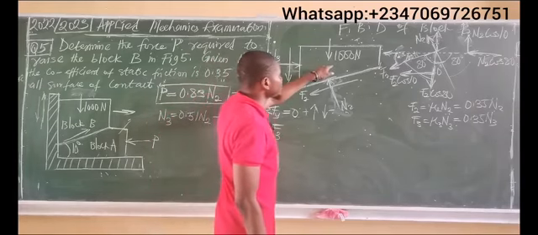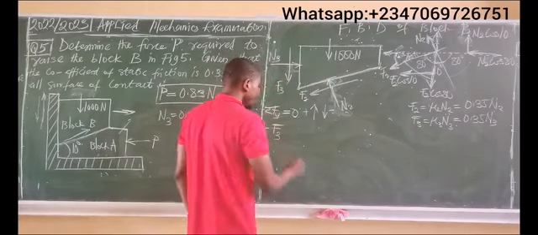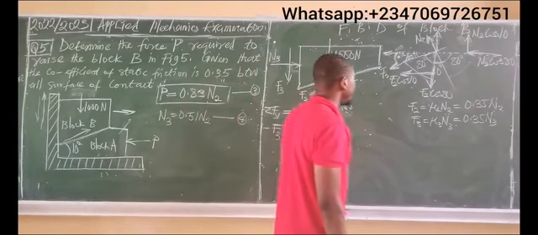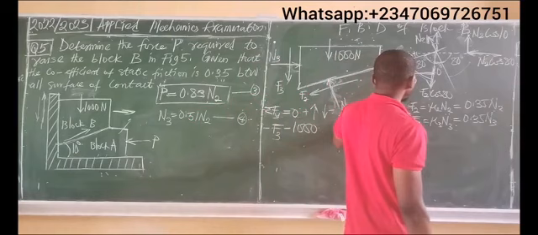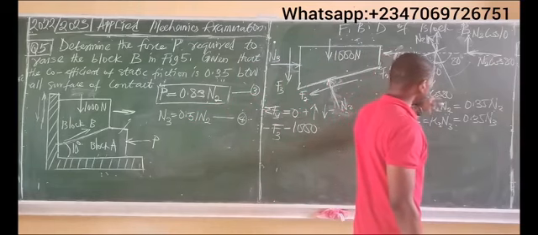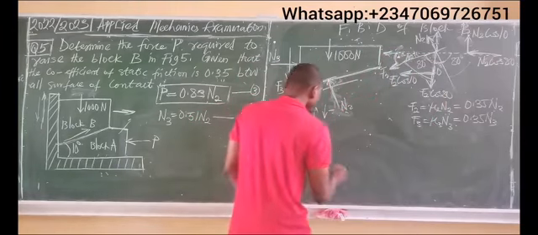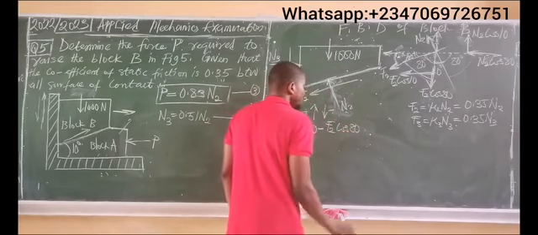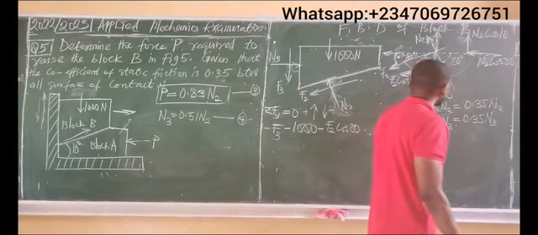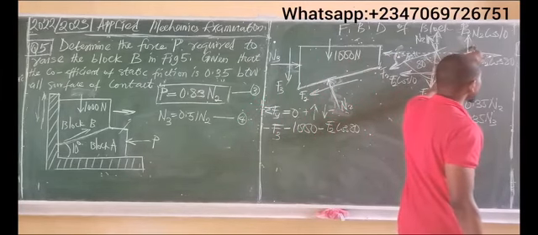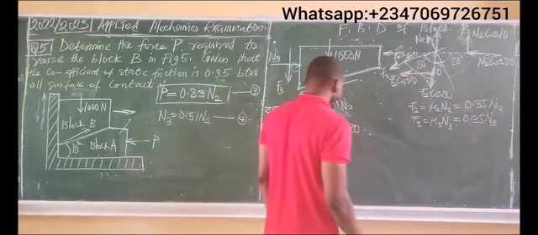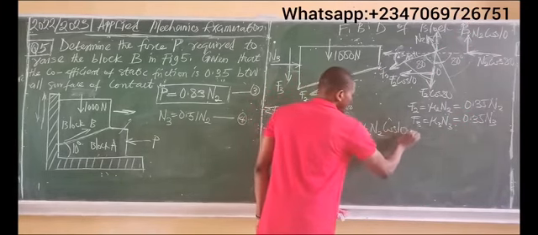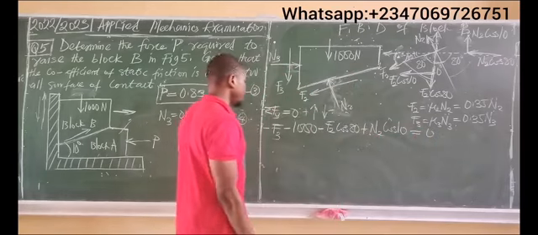We have 1000 newtons pointing vertically downwards, so it's negative, minus 1000. From the vertical resolution here, we have F2 cos 80 pointing vertically downwards, so it's negative, minus F2 cos 80. Similarly, from the N2 resolution, we had N2 cos 10 pointing vertically upward, so it's positive, plus N2 cos 10. The whole of this is equal to 0.